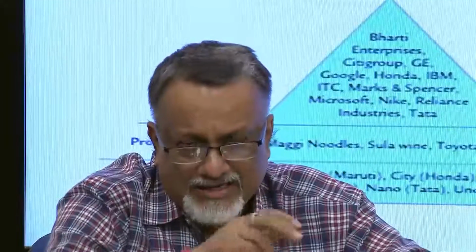You have to select where all you want to position that, whether you want to focus only as a product brand, or at every level of the pyramid or only 2 levels of the pyramid. So look at this pyramid very carefully and think about it, and we will start from here tomorrow. Thank you.